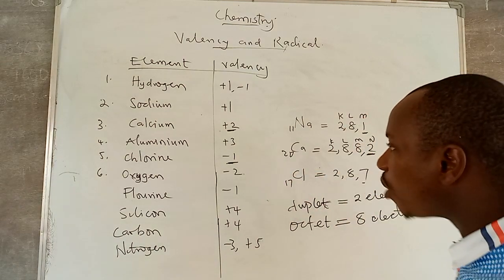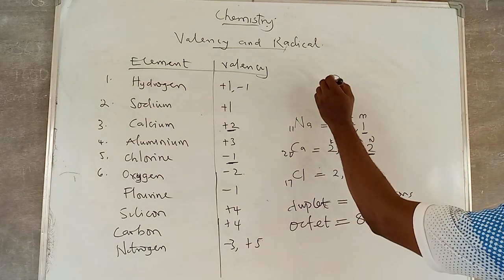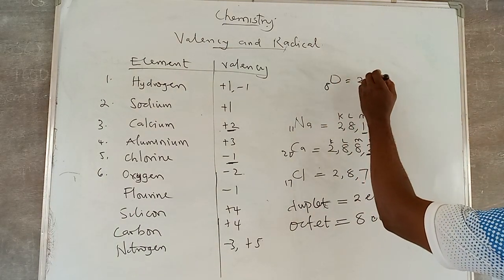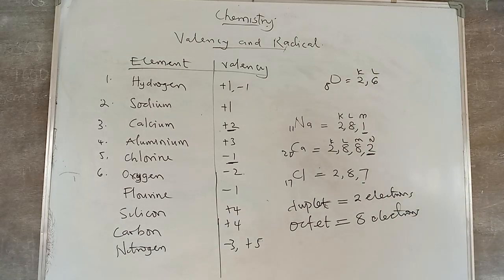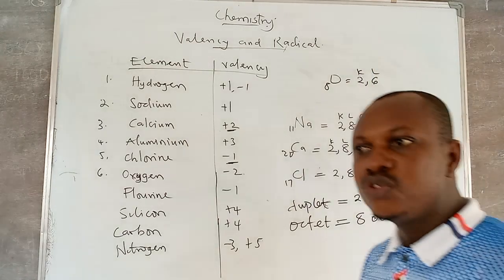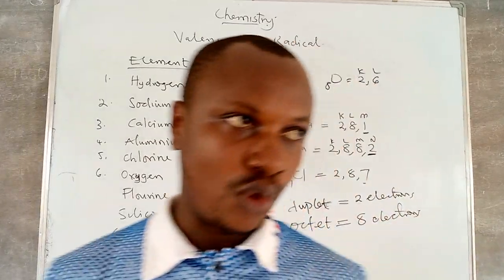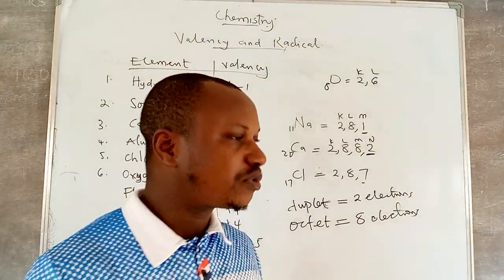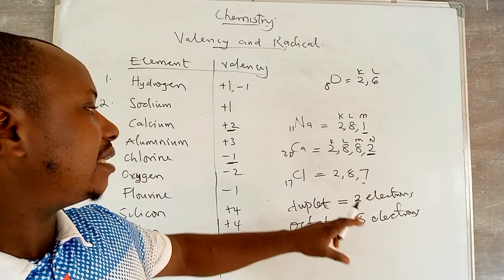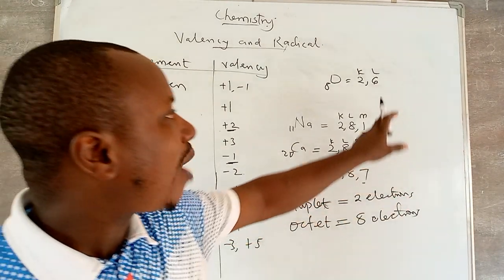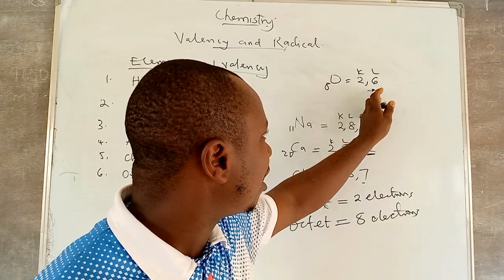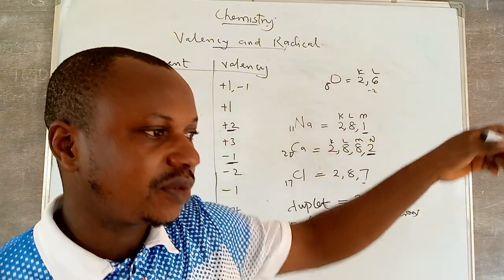The same way with oxygen. Oxygen is 8, it is 2 and 6. If you add this, this is the K shell, this is the L shell, it will give you 8. Can oxygen lose 6 electrons readily? The answer is no. Instead, it will accept 2 electrons to be stable at an octet structure. And if you remember, when you accept, you become negative.